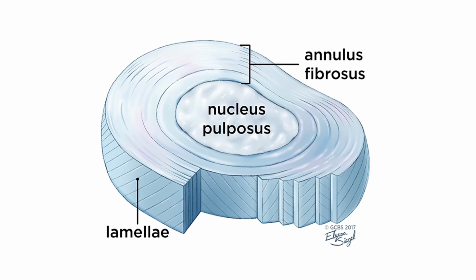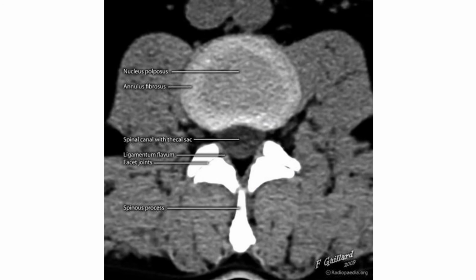Here you see that the outer ring of the intervertebral disc, also called the annulus fibrosus, it is made of fibrocartilage and not connective tissue. And this annulus fibrosus is made of several rings, called lamellae, and the inside is the nucleus pulposus.